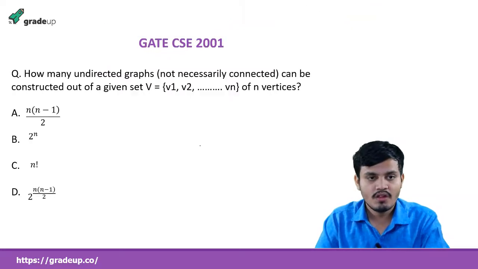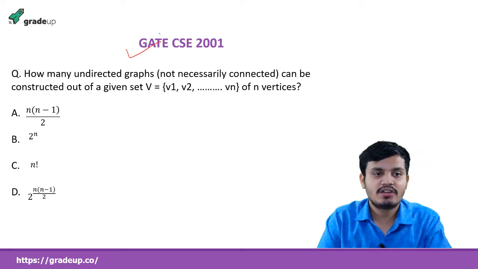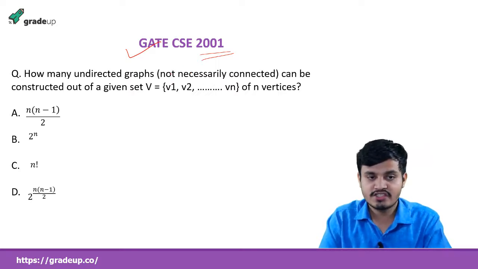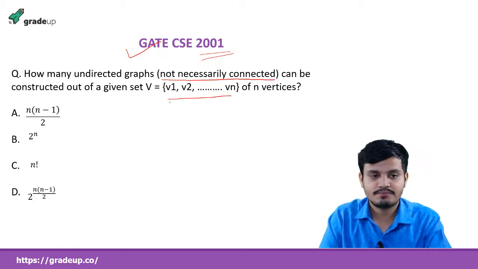Now see this GATE problem that was asked in 2001. How many undirected graphs, not necessarily connected, can be constructed out of these sets?